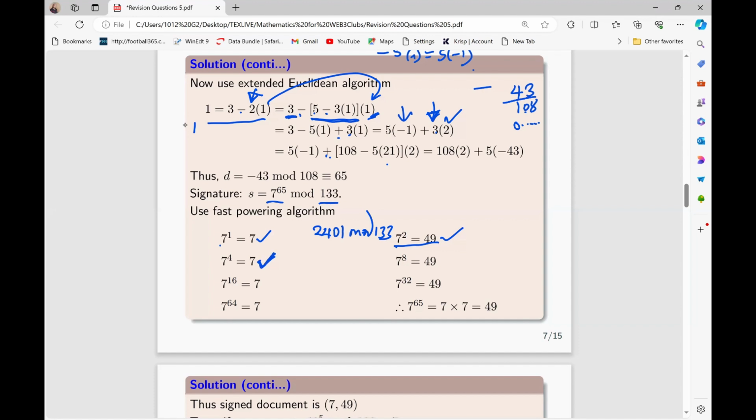What about squaring this? I'm supposed to get the next one. When I square this, I have 7 raised to 8 and 49. Now squaring this gives me the next one. And it is just the same as when I did that, I got 7. So again, squaring this should give me 49 and so on.